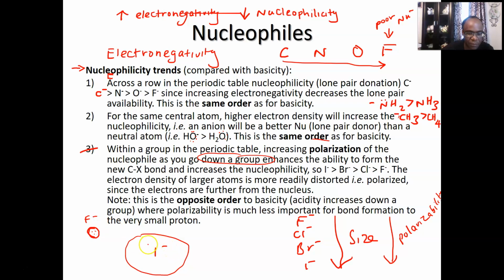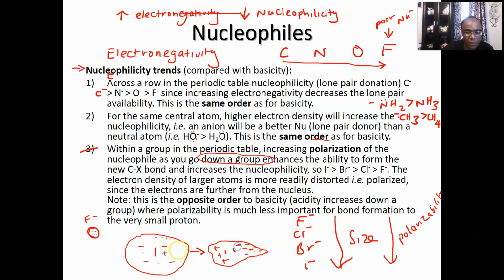For I minus, which is big, these charges can be concentrated on one side. So assume it was spherical. This can change its shape to a flat shape where the electrons will be concentrated on one side, the positive charge will be concentrated on the other side, and that's what's called polarization. You see, we have now polar ends.